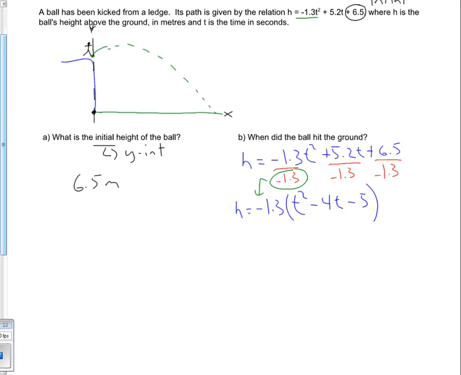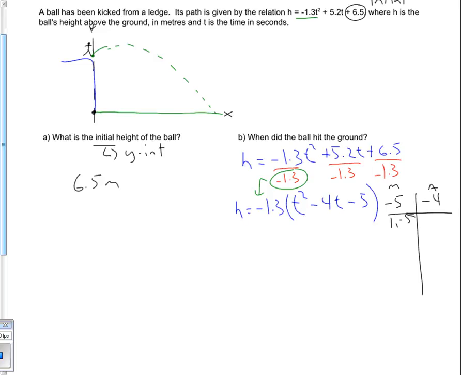Okay, so if we go through and we're going to factor out this trinomial, we're looking for two numbers that multiply to negative 5 and that add to negative 4. So if I do 1 and negative 5, that multiplies to negative 5.